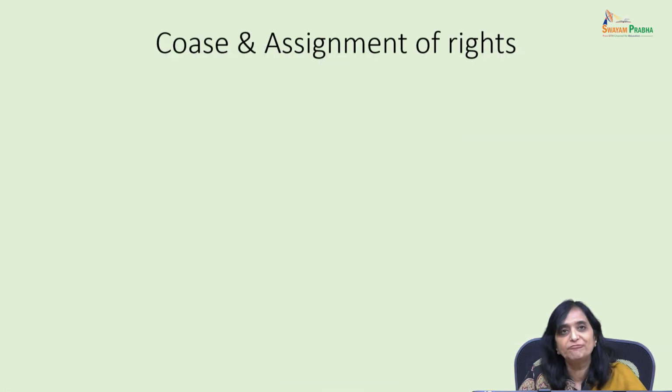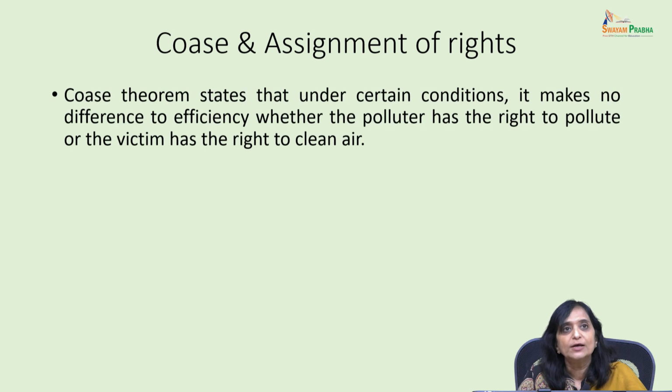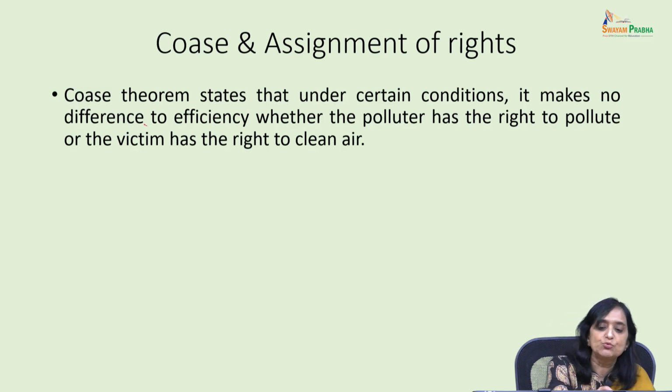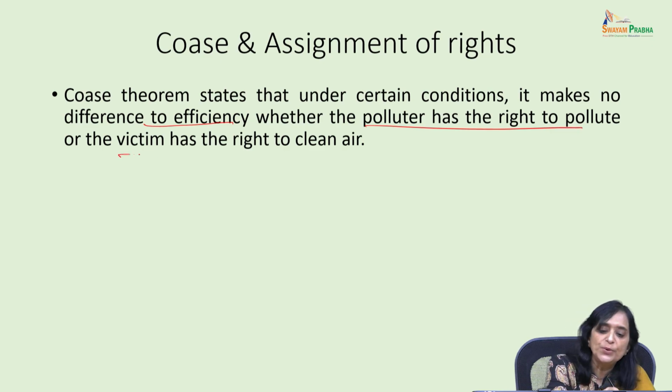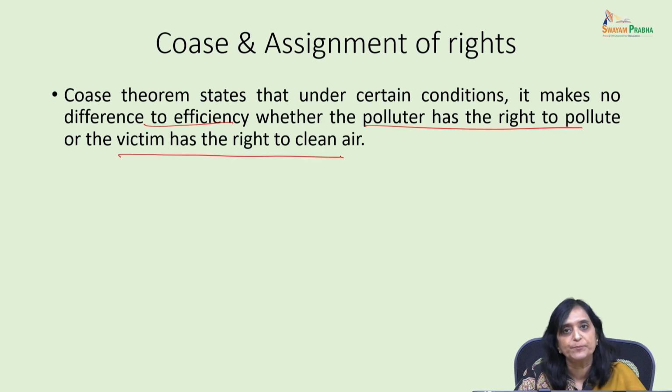Coming to a more formal Coase theorem, as I just said, it states that under certain conditions, it makes no difference to efficiency. That is, the efficient allocation of resources does not get disturbed under certain conditions, whether the polluter has the right to pollute or the victim has the right to clean air. Okay, so who you are giving the property right to does not make a difference under certain conditions.